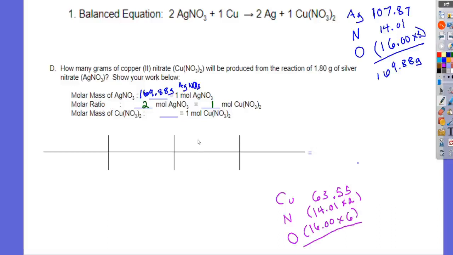So add that all together, and that gives us 187.57 grams of copper nitrate.